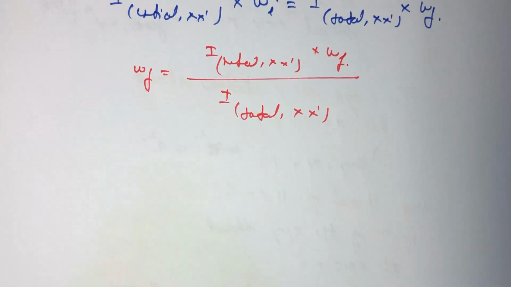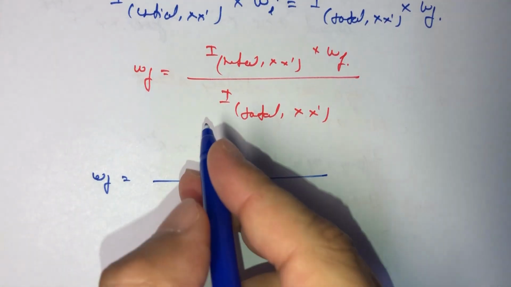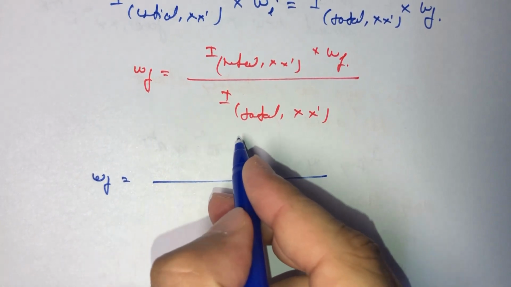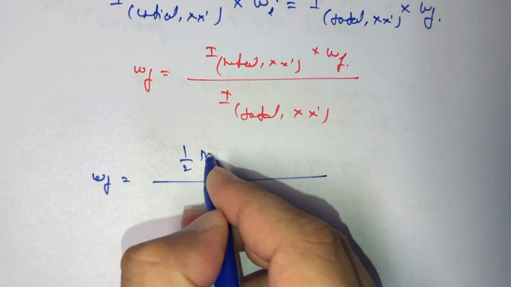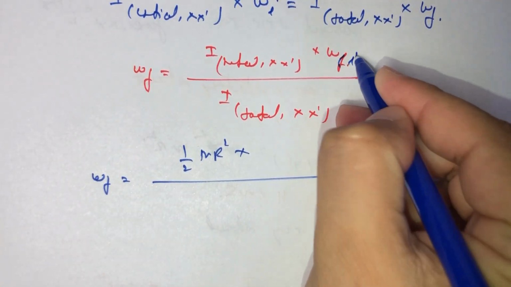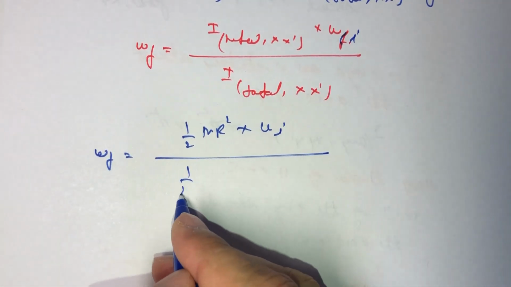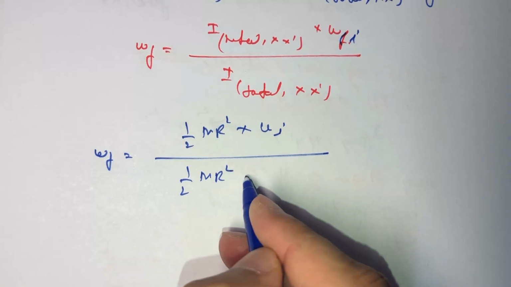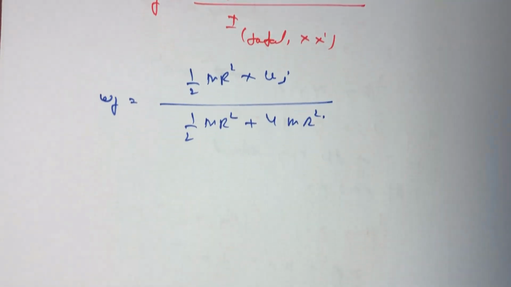We substitute the values: I initial is half mr square multiplied by omega I, and here we have half mr square plus 4mr square.